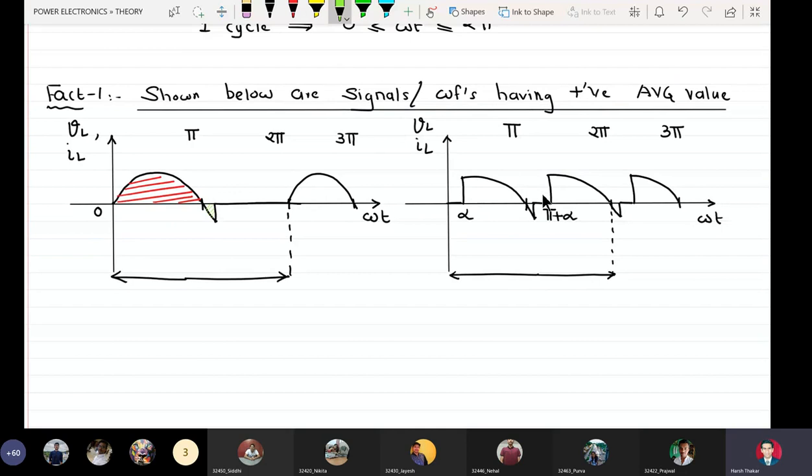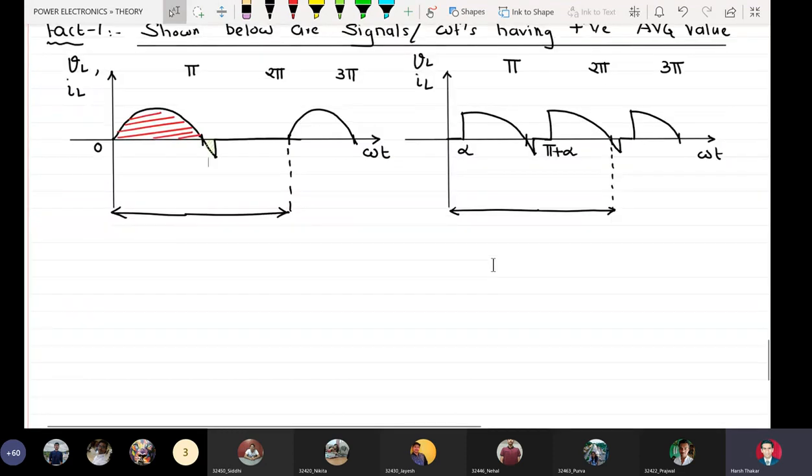The second example is that of a controlled rectifier. We see here the output is existing from alpha to pi and beyond, and pi plus alpha to 2 pi and beyond. So again the resultant area over one cycle is actually positive. So we have given one example from an uncontrolled rectifier and another from a controlled rectifier wherein the signal goes below the x-axis, but the resultant area is positive.